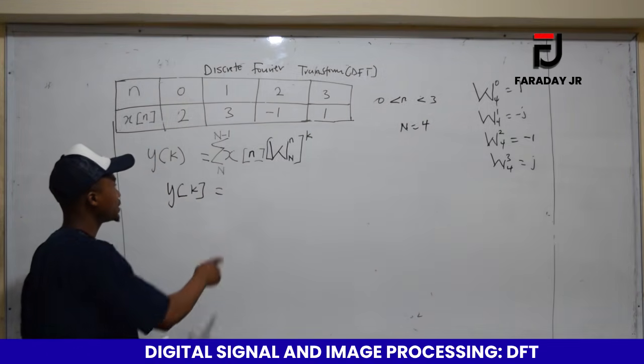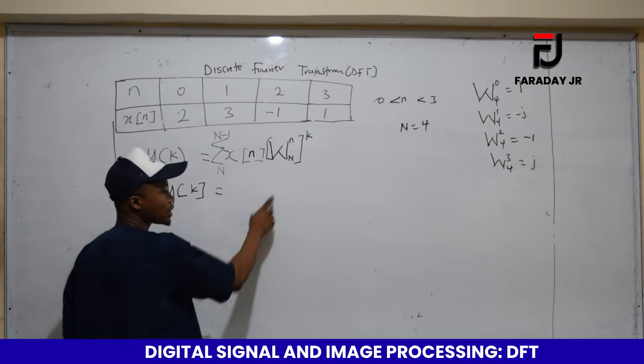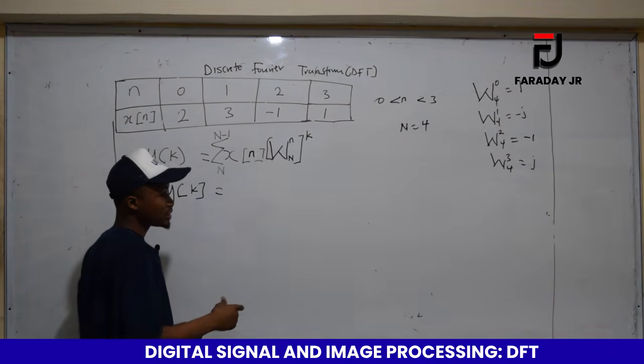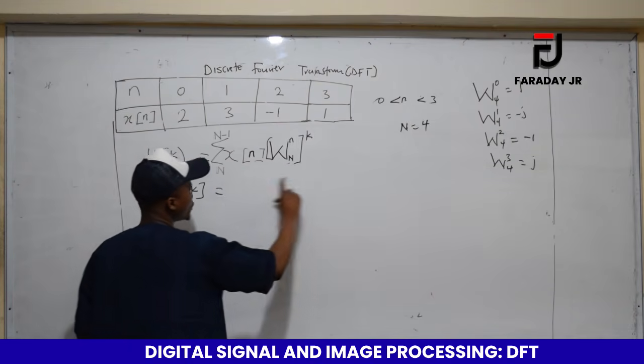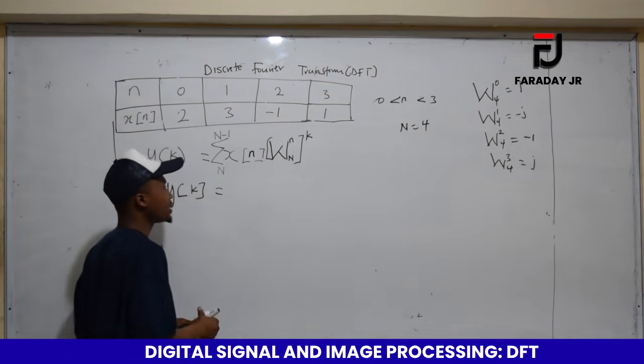So we have the capital N and a small n. The capital N always shows which point DFT we are solving. So we need to just get a general formula, and after that we just substitute and finish fast.